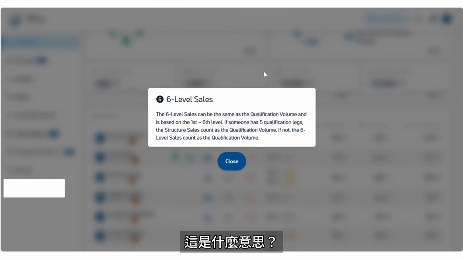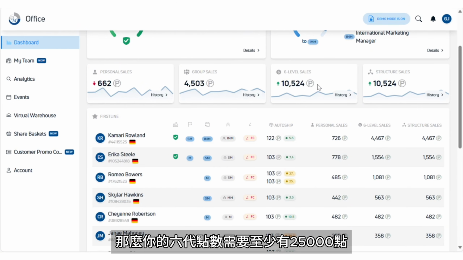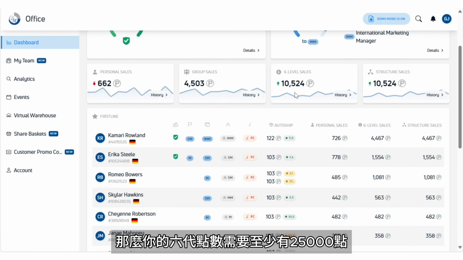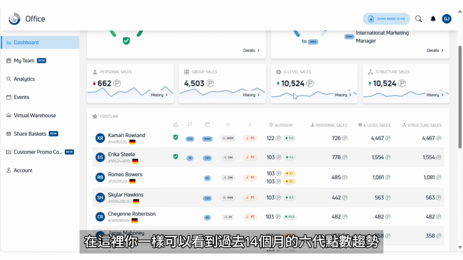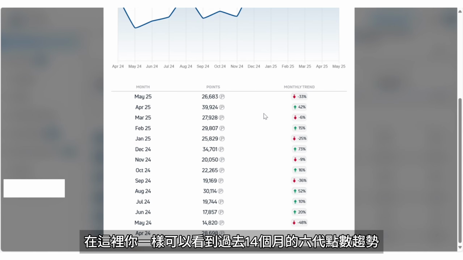This is the indicator for rank achievements. So when you want to go in a direction of a vice president, for example, you need to have on your first 6 generations minimum 25,000 points. Here you can see, as always, the trend of the last 14 months.